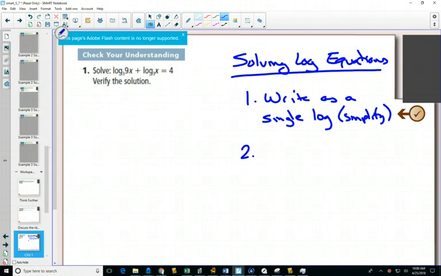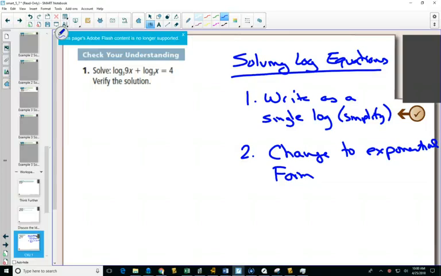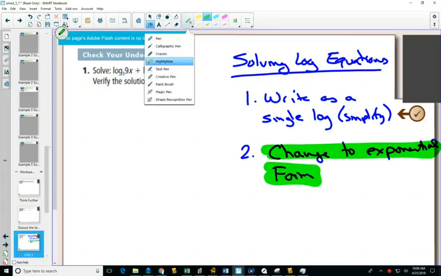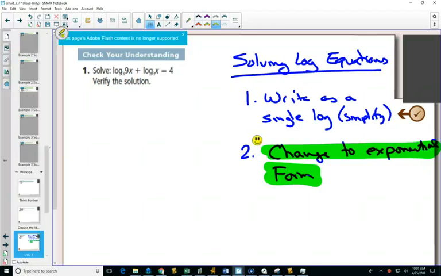Secondly, once you've got an equation with only one logarithm, you will change to exponential form. This is the hardest step. We're going to highlight that step in green and put smiley faces around the step.